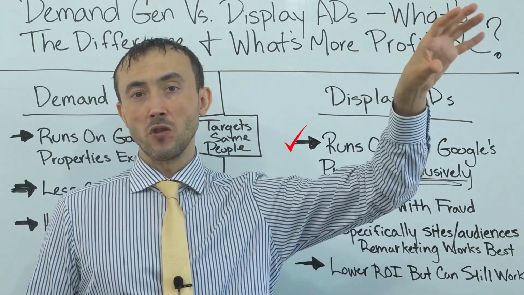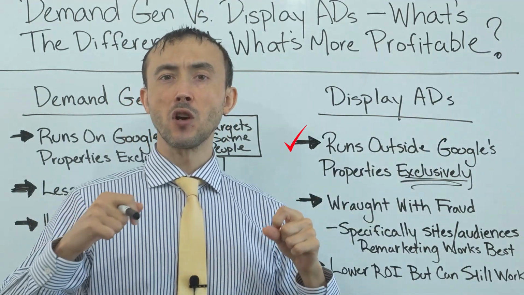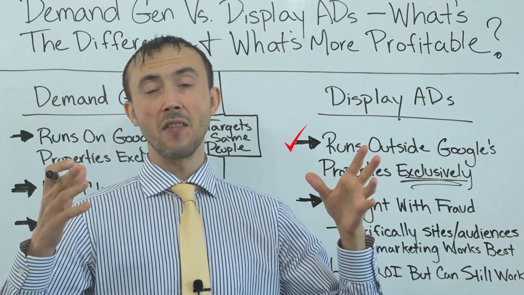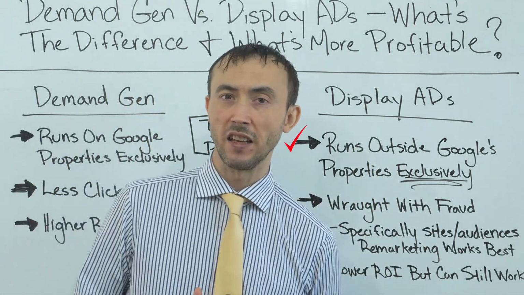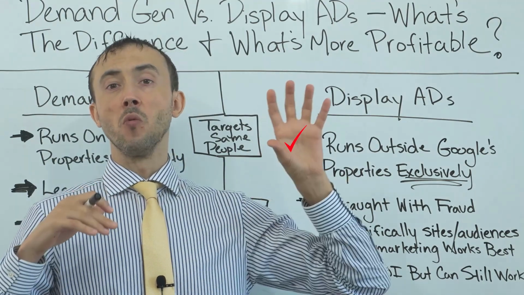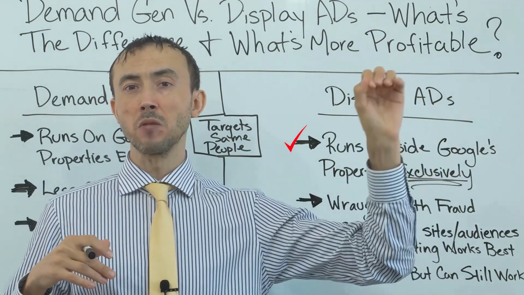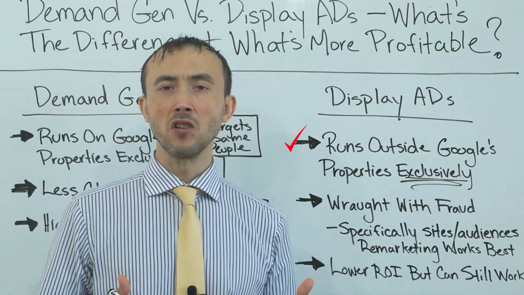But if you're going to go after new prospects, I'm specifically going to try to target people mostly who have been to my competitors' websites, and even then it's still filled with a lot of bot clicks, if you will.